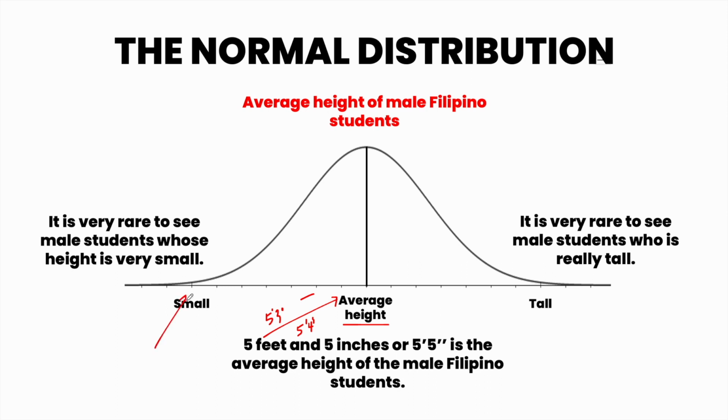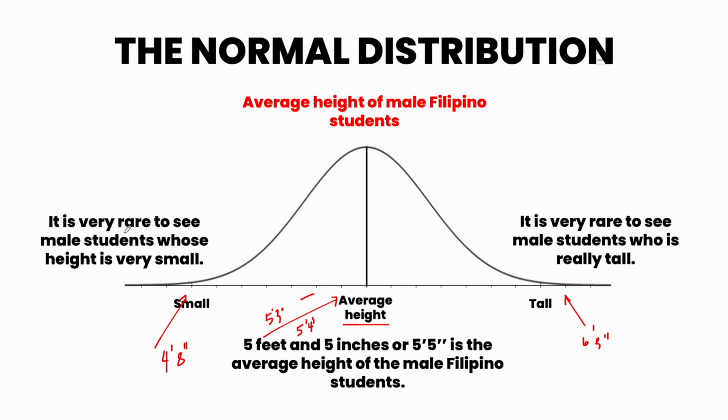So let us have this as 4'8". Now, on the right part, since this is our average height, which is 5'5", we can consider this as 5'6", 5'7", 5'8", 5'9", 6-footer, 6'1", 6'2", 6'3". So let's say this is our 6'3".